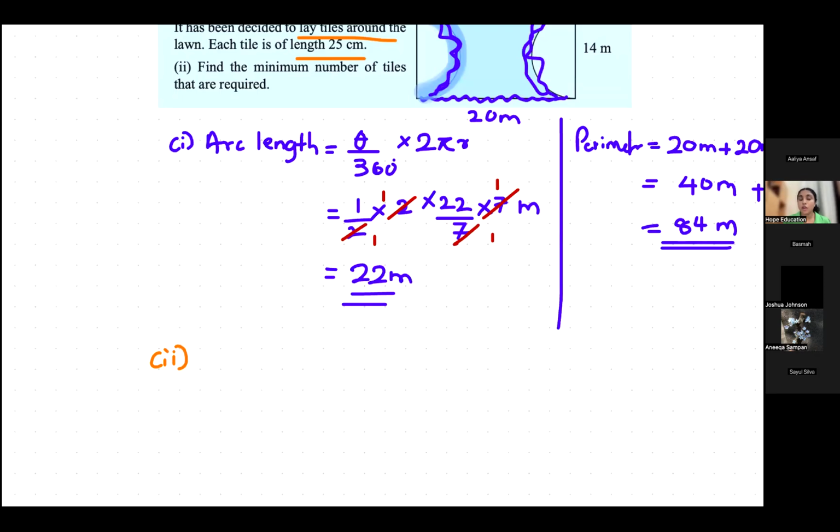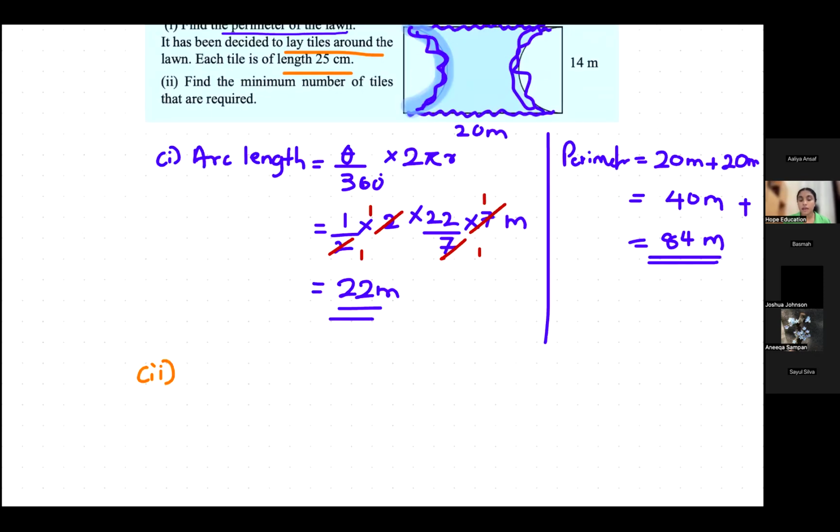If we take this lawn, we have now found the perimeter of the lawn. Perimeter is 84 meters. How much would that be in centimeters?